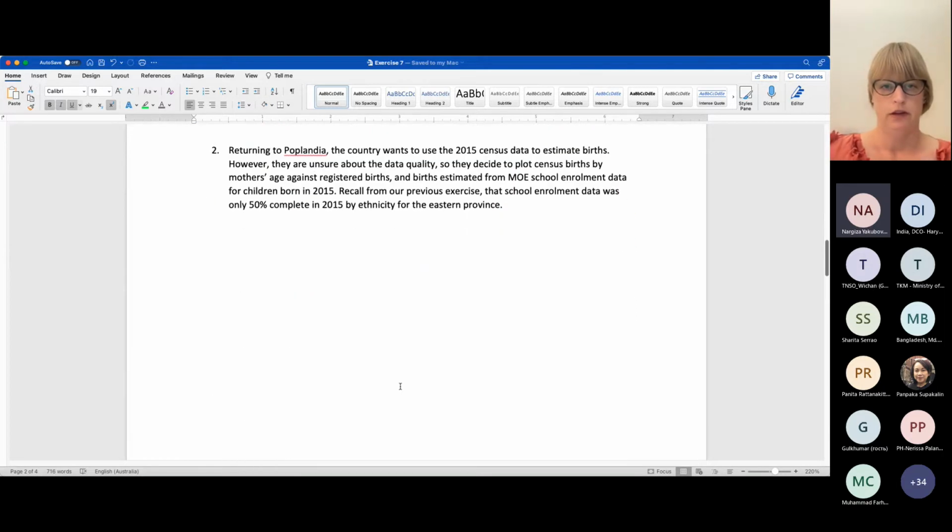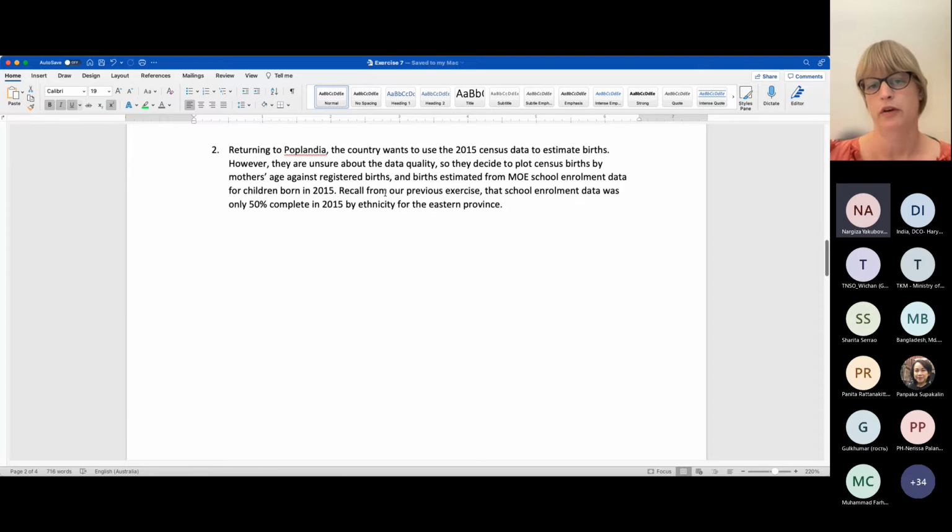Okay, so the next question is, we're going back to Poplandia, and the country wants to use the 2015 census to estimate births in their denominator. However, they're unsure about the data quality of the census to do this. So they decide to plot the census births by mother's age against registered births, and also the births estimated from the Ministry of Education school enrollment data for 2015.